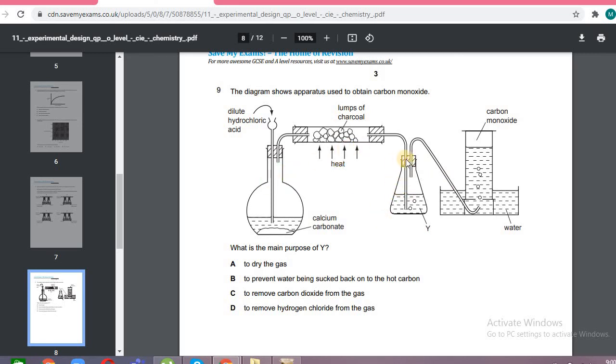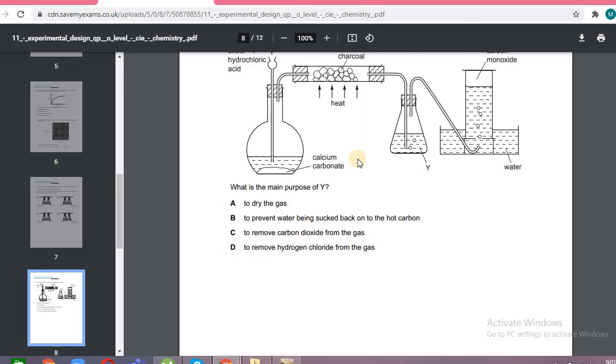So the purpose of Y is to stop the sucking back of the water from the water trough into this tube, to prevent the water being sucked back to the hot carbon. So the basic purpose of Y is to avoid directly connecting this water trough delivery tube to this reaction. So the correct answer is bravo.